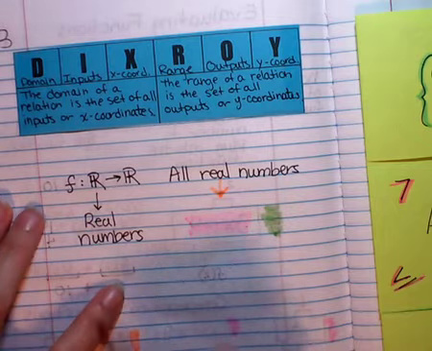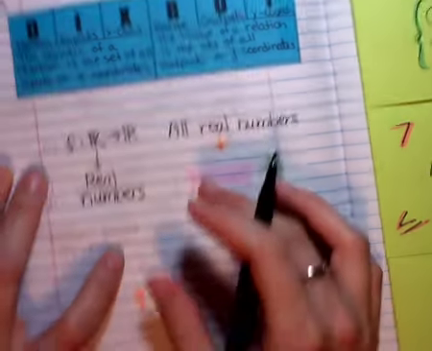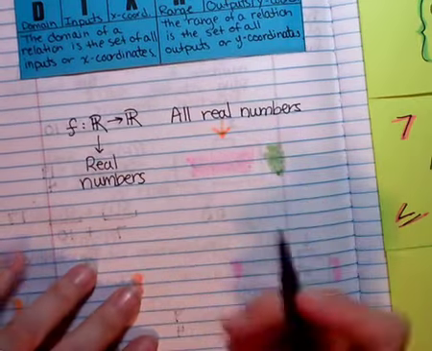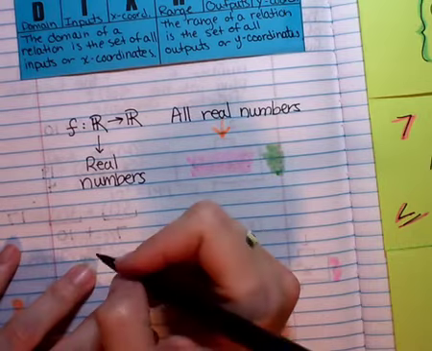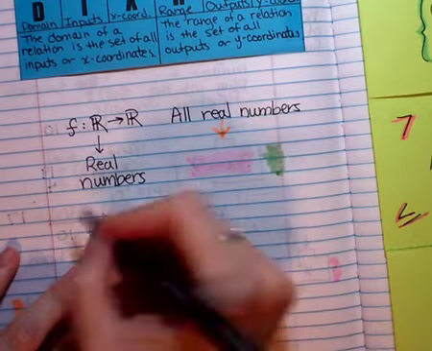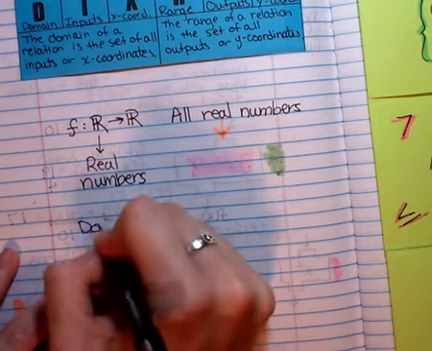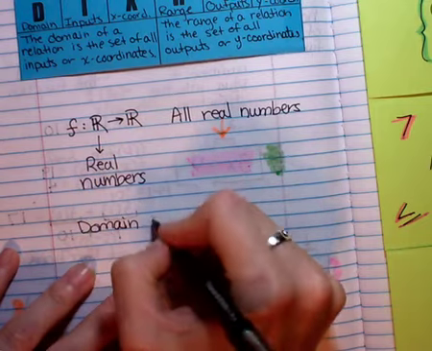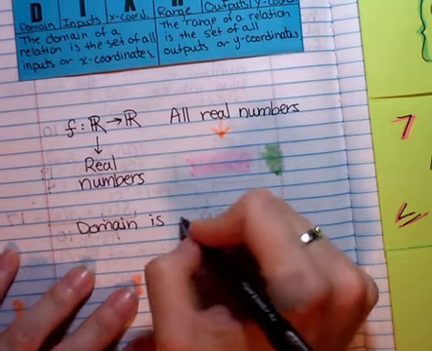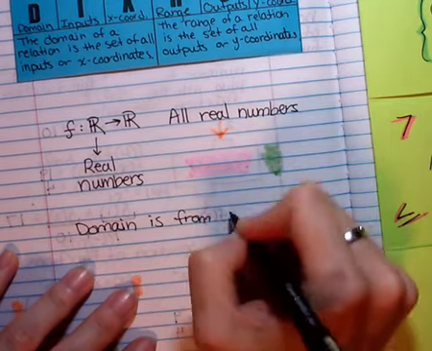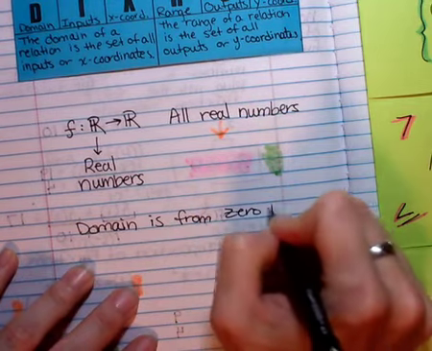Okay. We can also write out, for example, if we knew that our x values were between 0 and infinity, it would be okay to write out that our domain is from 0 to infinity.